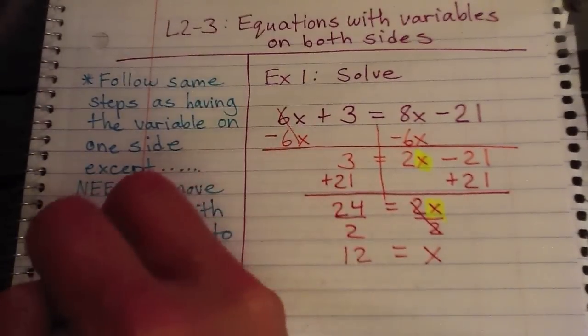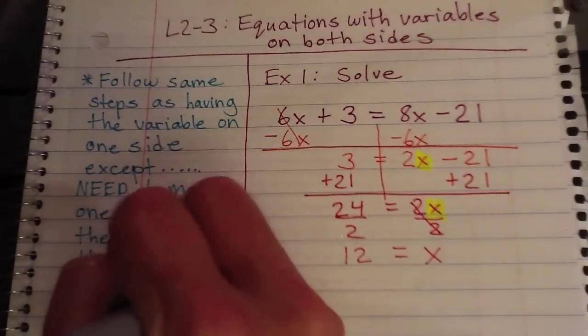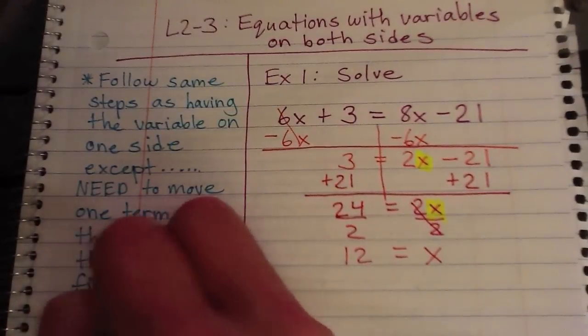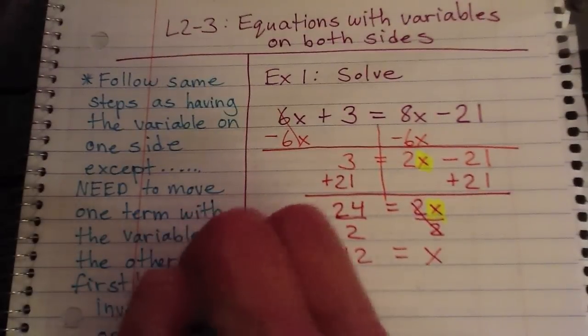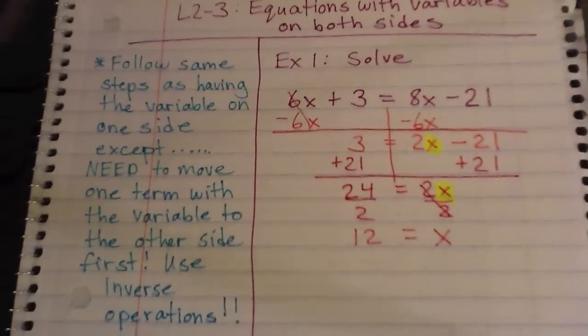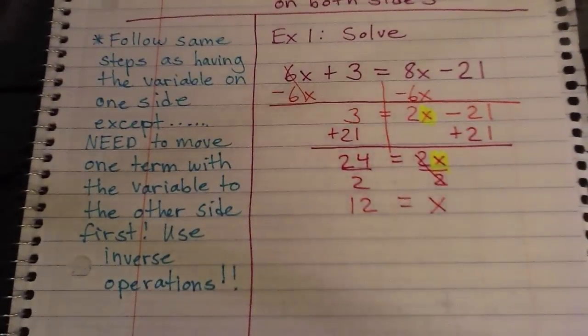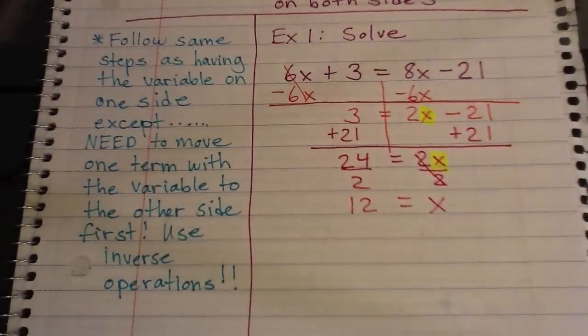You use inverse operations. So that should be your first step every time. And then once you have the variable to one side, then you're following all the rules that we've followed before.